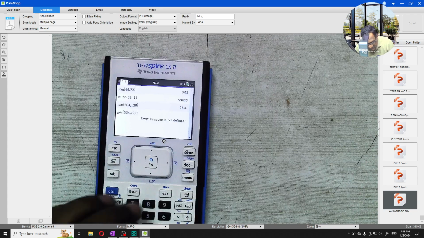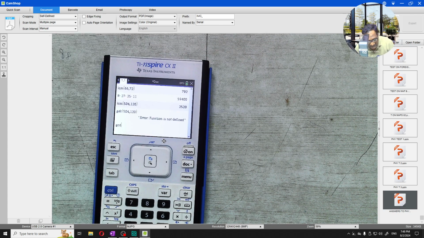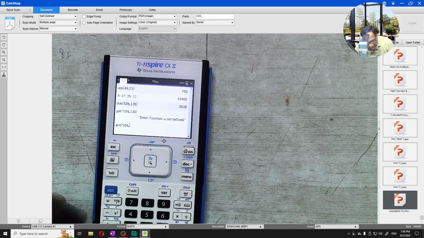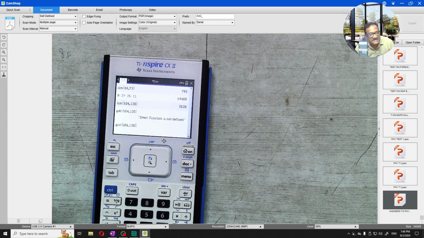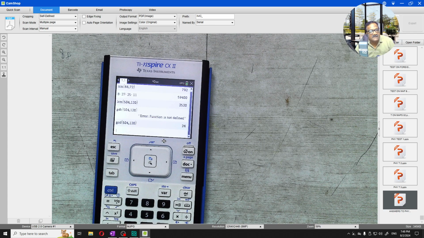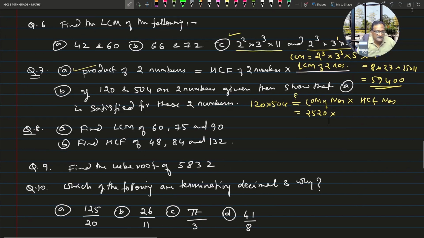So GCD, parenthesis 504, comma 120, close the parenthesis and just enter. Yeah, see, GCD we are getting as 24, right? So I'll go back and write HCF as 24. So this HCF will be 24.